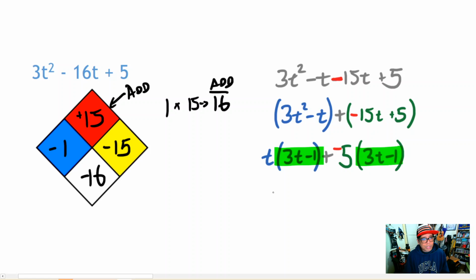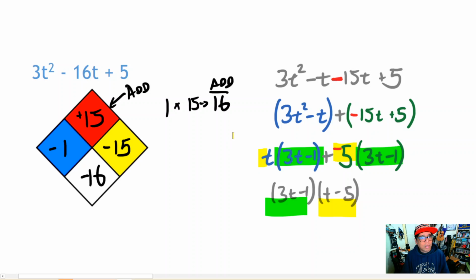So we'll put a 3t minus 1. And then we have a t minus 5. So we'll put a t minus 5. And that is the next problem on our Nothing But Factoring video.